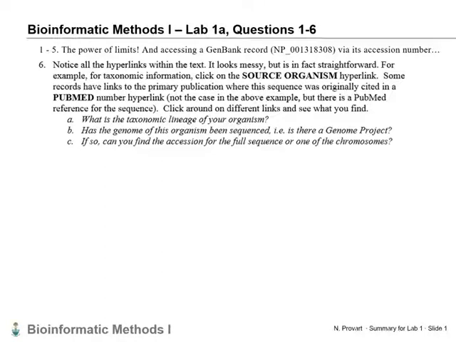So if we go to that record and we start exploring the record, we see lots of hyperlinks. It looks kind of messy, but in fact it's very well organized and structured. If, for instance, we click on the source organism hyperlink, we see lots of information about the source organism, namely Arabidopsis thaliana, which is kind of like the fruit fly of the plant world.